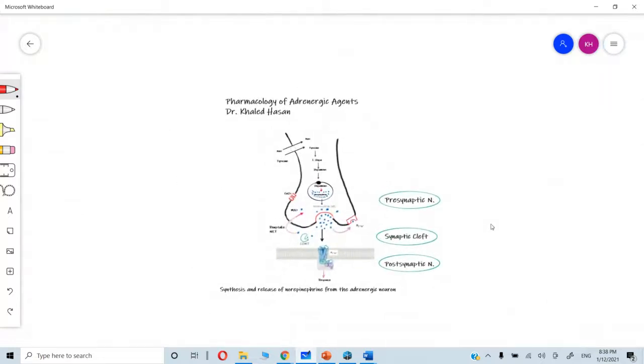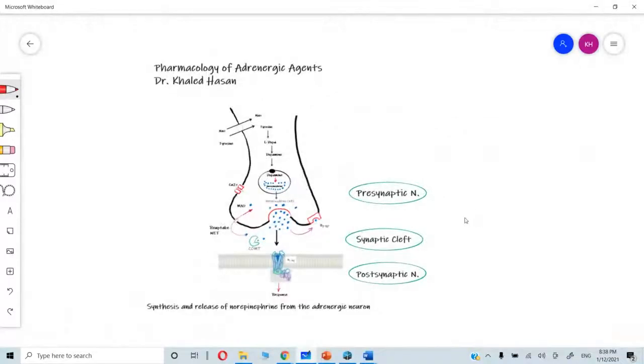So what we have here. We can see first the amino acid tyrosine taken up by the presynaptic neurons through the sodium tyrosine cotransporter.